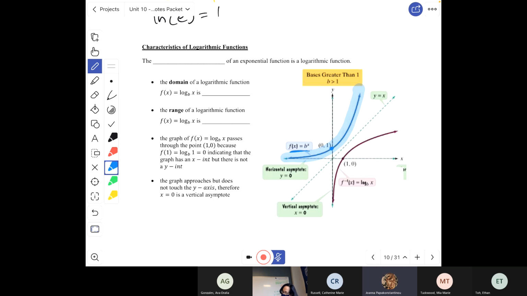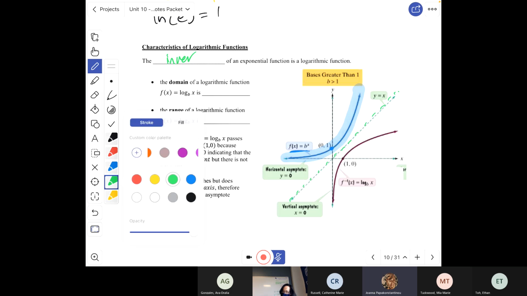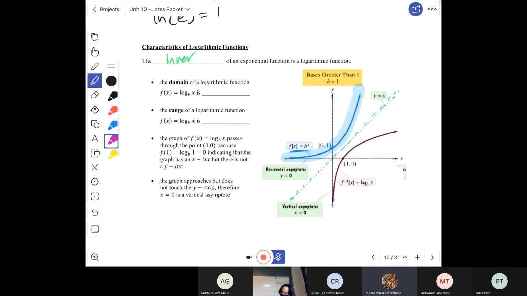So this is y equals b to the x. Exponential growth, in this case, b is greater than 1. If I take the inverse of that exponential function, graphically reflecting it across the line y equals x, guess what I get? The logarithmic function.